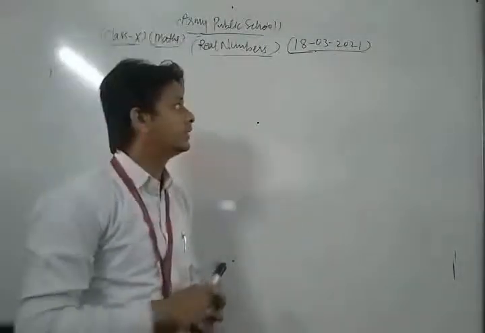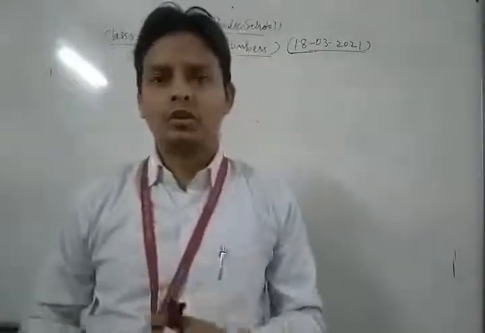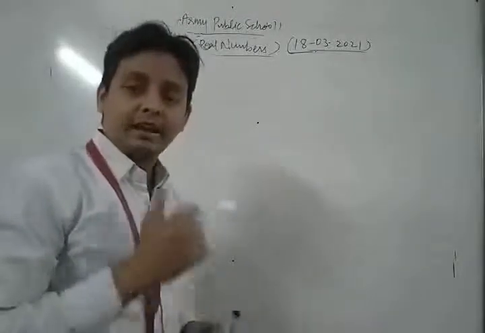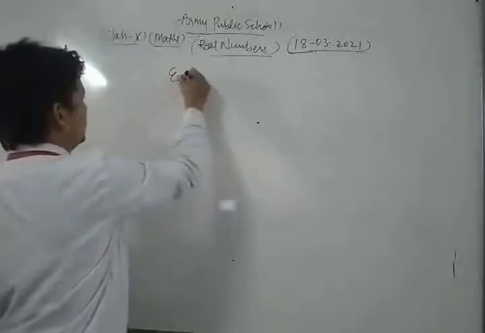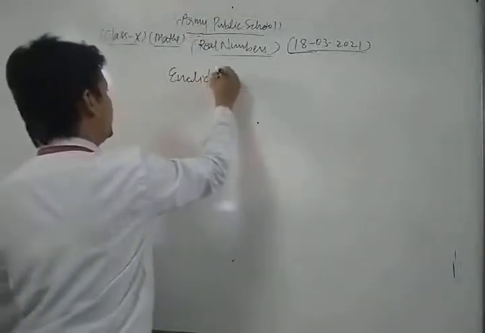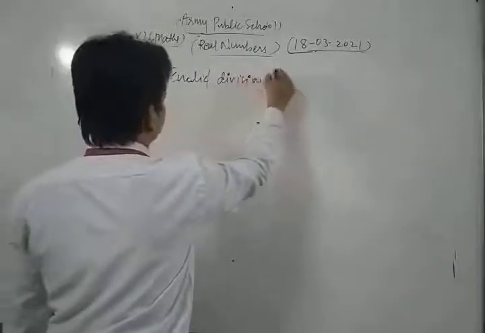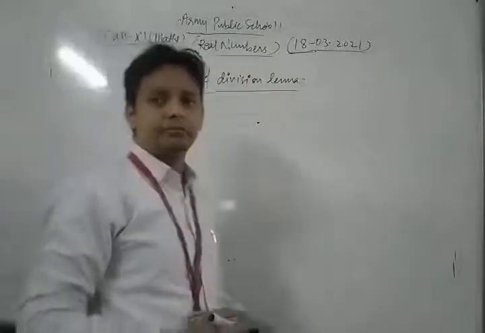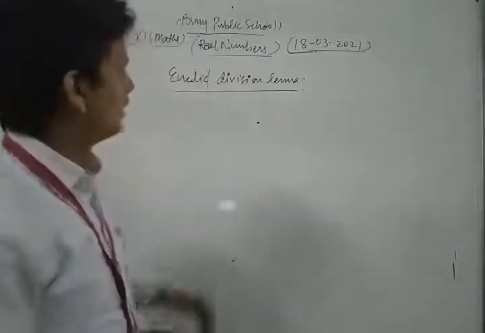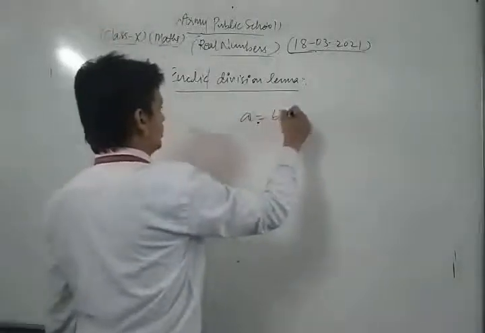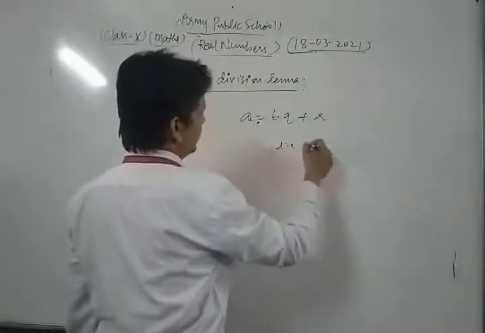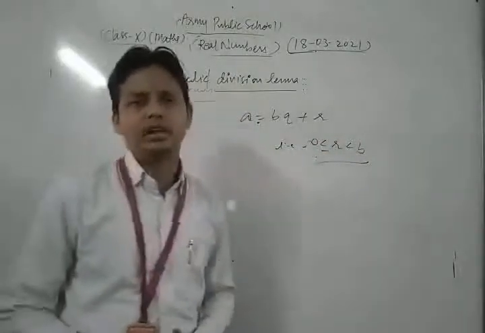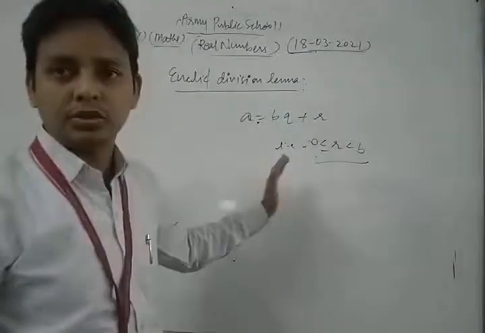We discussed the concept of real numbers, and we also started a very important topic of your syllabus, Euclid's division lemma, which is a = bq + r, where the variation of r is 0 ≤ r < b. In that class we also solved some important questions based on these topics.